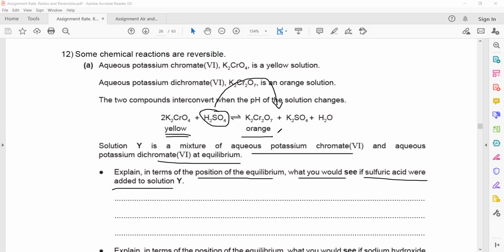If the equilibrium shifts towards the right, what will be the appearance of this solution? Will it be yellow or orange? It will be orange. So you will mention that if sulfuric acid is added, the equilibrium is shifted towards the right.